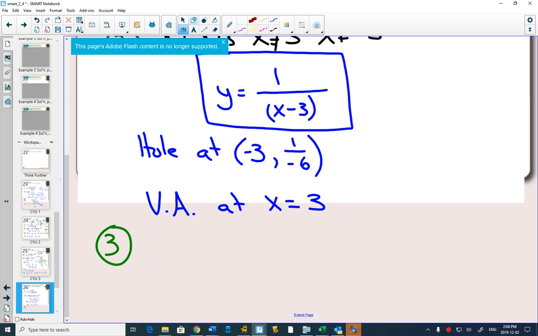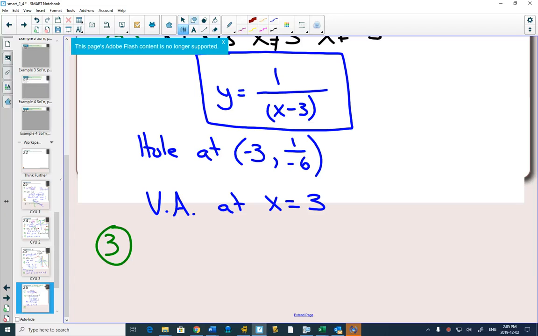Step number 3. When looking for horizontal asymptotes and oblique asymptotes, now you look at your new equation. From now on, we never go back to the original equation because it's been simplified. We are now trying to graph y equals 1 over x minus 3.